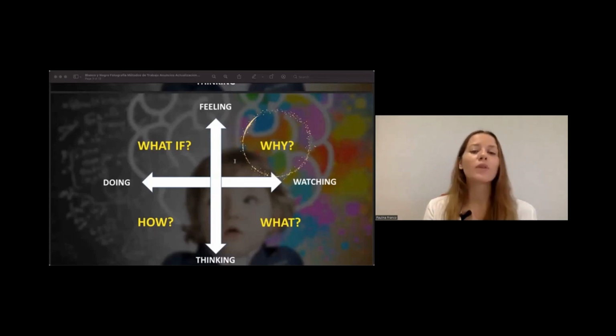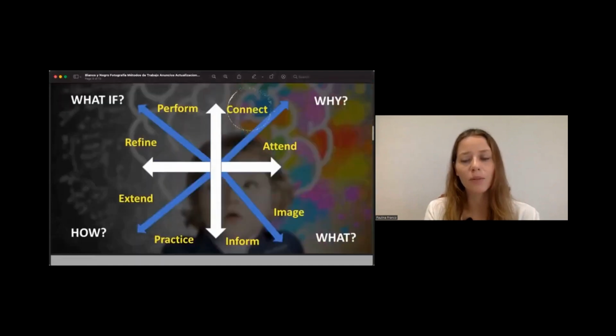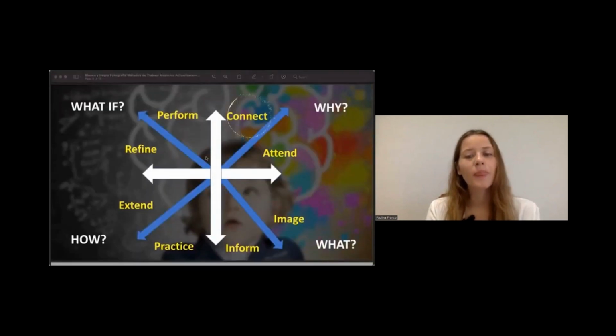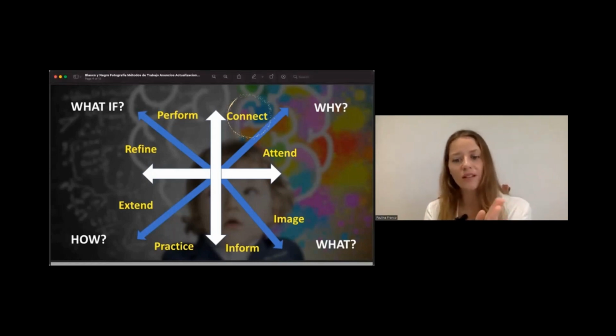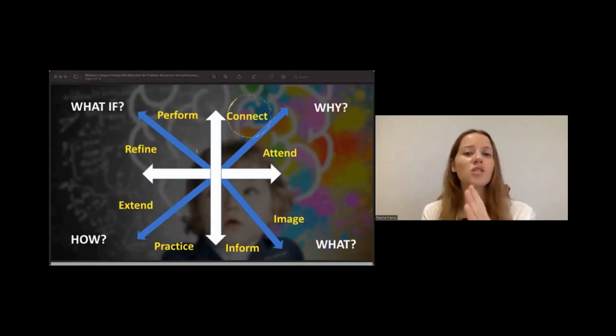Okay, so now you will also learn during this teacher training the 4 main steps. Here they are, just very briefly again, that you will use as a teacher to determine how best to deliver the content to your students. So you can see here, 1 is connect, attend, image, and inform. So that's going to be the focus of this teacher training.